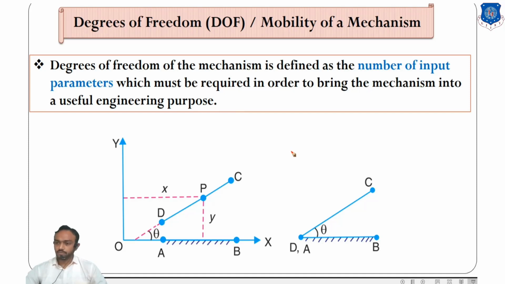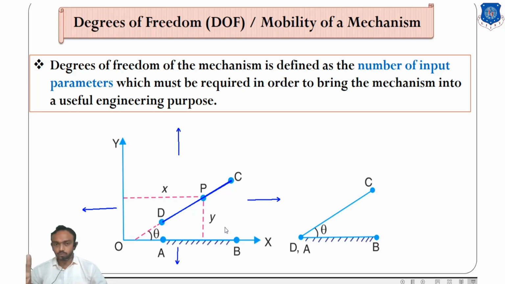Check this single link, DC. How many degrees of freedom does DC have? Totally free in 2D space, it can move in the X direction, or I can say the Y direction.